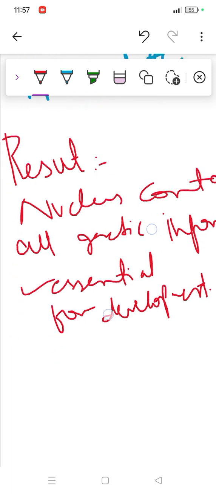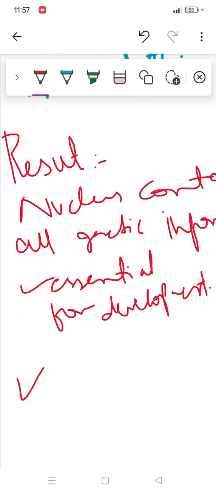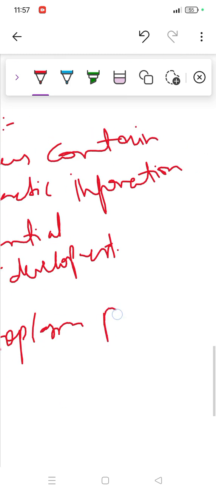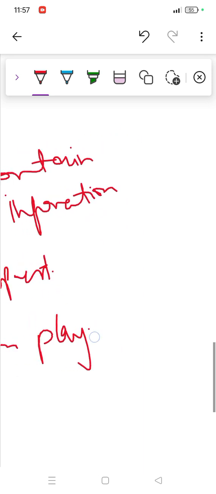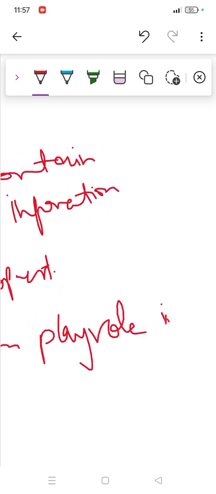Right? And cytoplasm also plays a good role in selection of genes. This could also be a good point. Cytoplasm plays a role in selection of genes.